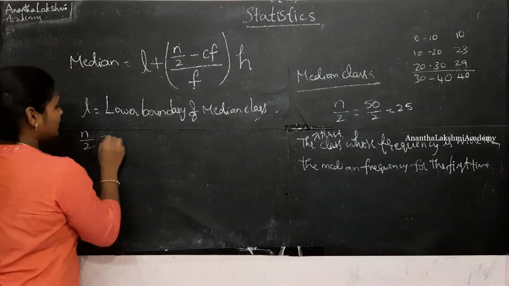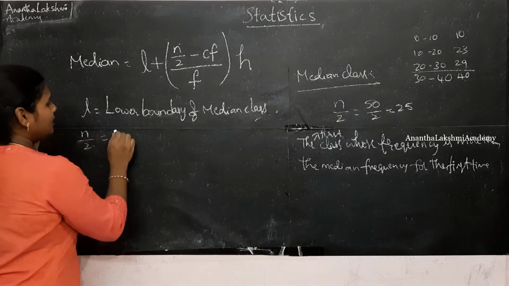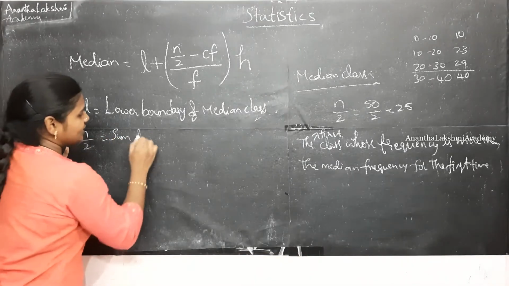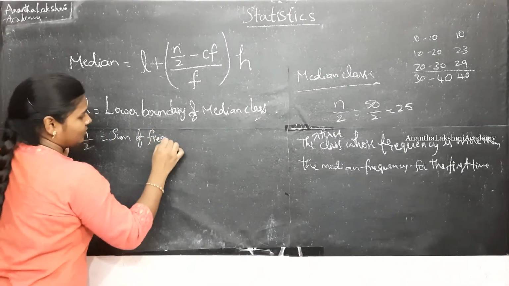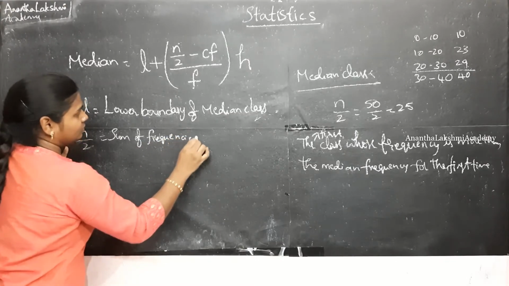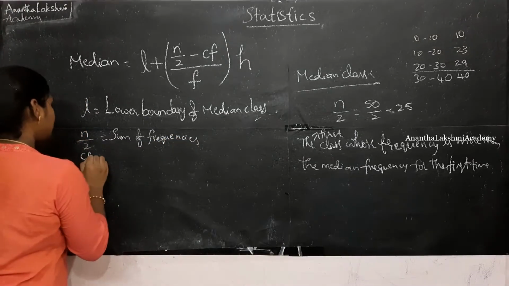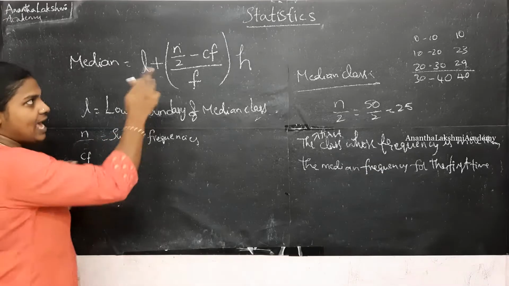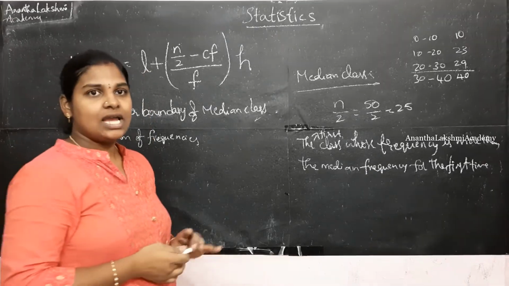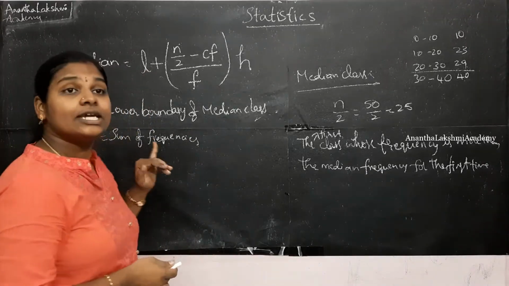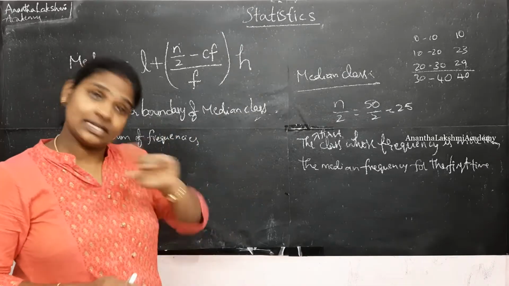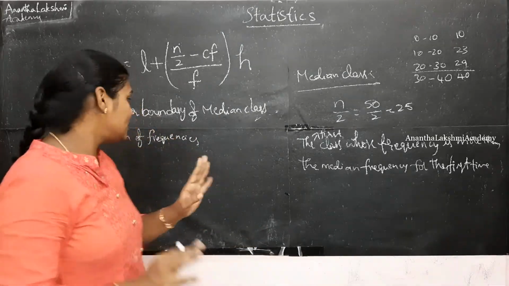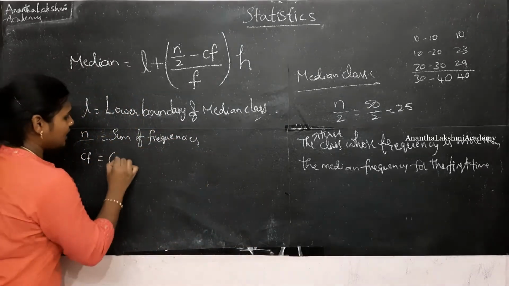N by 2, where N is nothing but the sum of frequencies. Here comes the trickiest part. CF. Most of the people assume that this is the cumulative frequency of the median class. No, this is not the cumulative frequency of the median class.